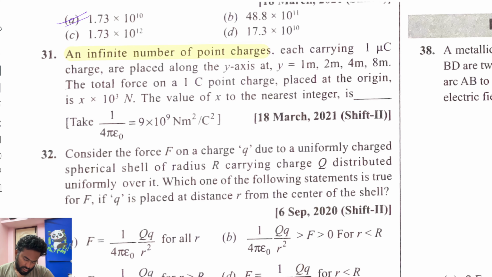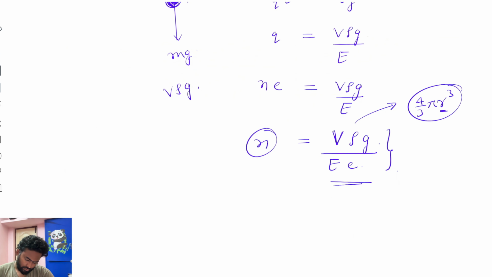Infinite number of point charges, 1 microcoulomb each, placed along the y-axis at 1, 2, 4, 8. The total force on a 1 coulomb charge placed at the origin has a value of x, to the nearest integer. Let's see, 1, 2, 4.